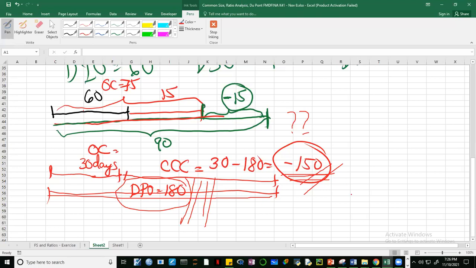Paano na lang yon? Okay? Paano na lang? Who will now be the customers of the company that has this very high negative cash conversion cycle? Okay? 'Di ba? Very interesting tong concept na to. Kasi as I mentioned, yung mga malalaking companies guys, minsan ganito yung ginagawa nila.